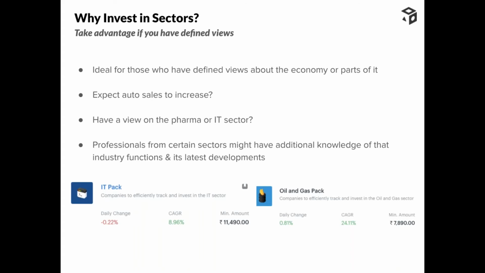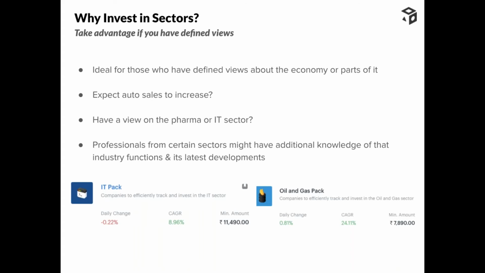So let's say you work in the IT sector, or you work in the pharma sector. Obviously, you will have a lot more additional knowledge of the broader industry: what the latest developments are, how it functions, the nuances of it. Even if you are a businessman in the manufacturing segment, or if you sell products related to the metals industry, all of these things help you get additional information about a particular sector of the economy.